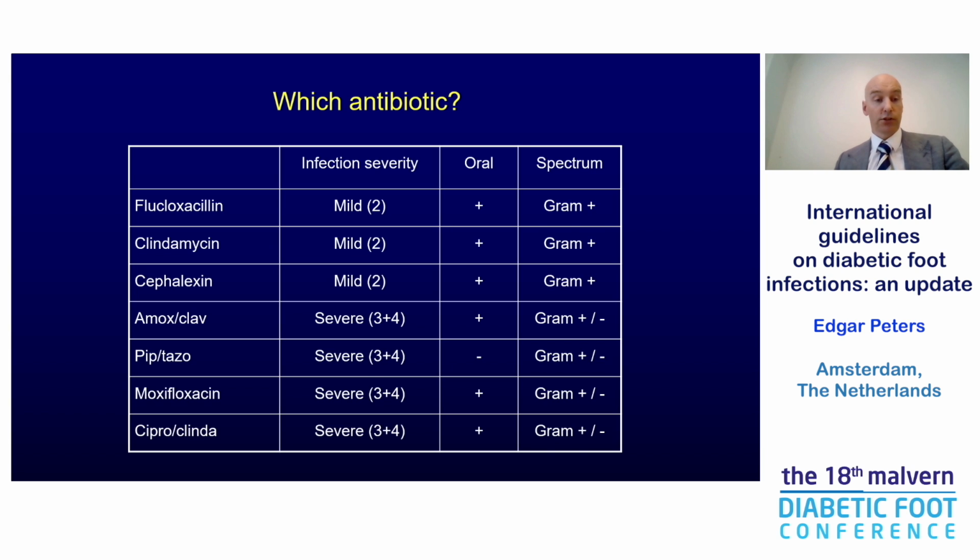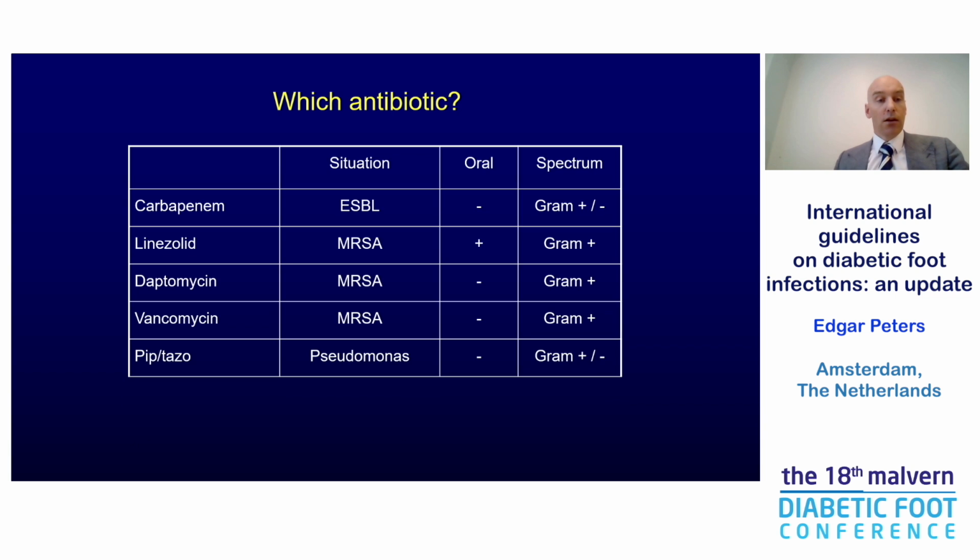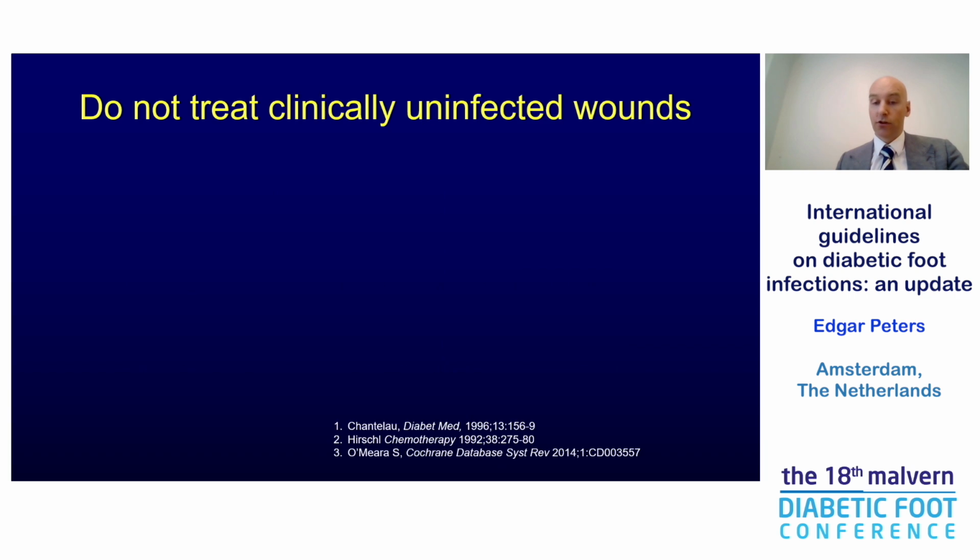You give moxifloxacin monotherapy, give it orally or parenterally. The combination of ciprofloxacin and clindamycin. You could give a carbapenem in case of ESBL. There's several options for MRSA, just to name a few: linezolid, daptomycin, vancomycin, but you could also add cotrimoxazole and piperacillin and tazobactam for Pseudomonas.